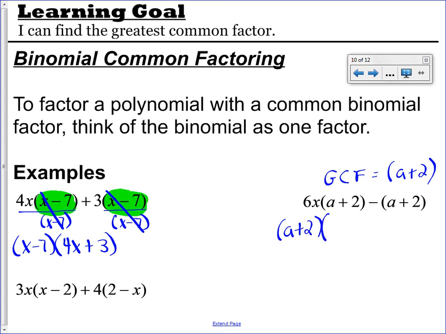When I divide each of these by a plus 2, what will I be left with on the inside of that bracket? 6x minus 1, because there's a 1 out here. So it's literally like I'm removing what's in the brackets and writing what's left over. The key thing is that they have to be exactly the same. A plus 2, a plus 2.